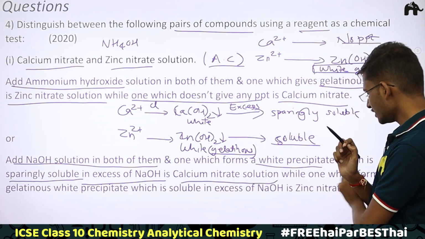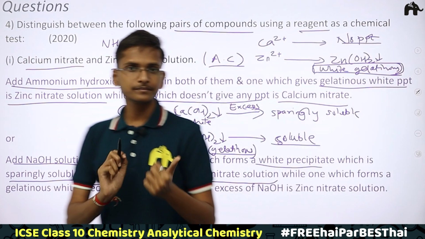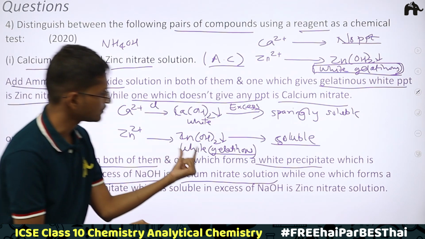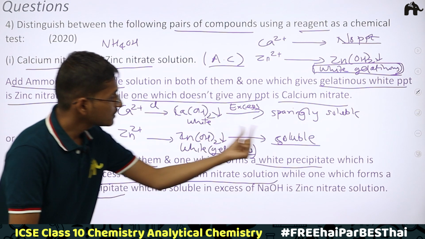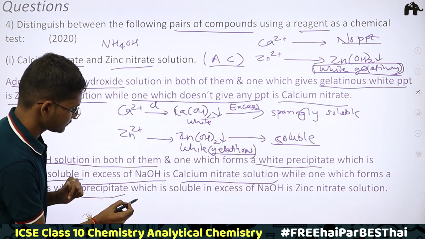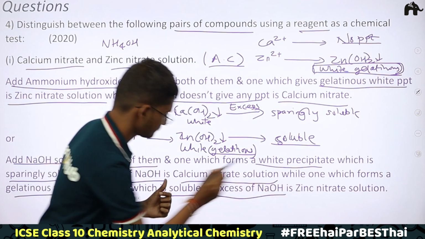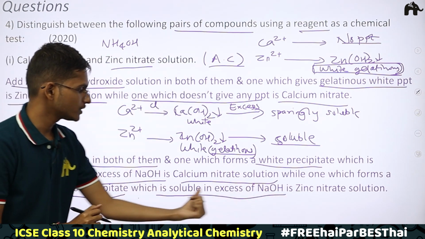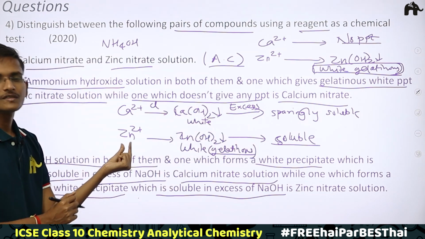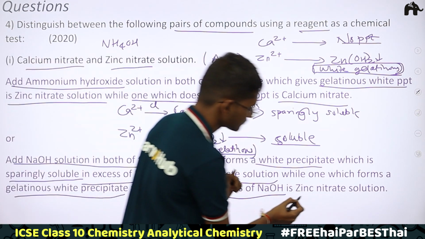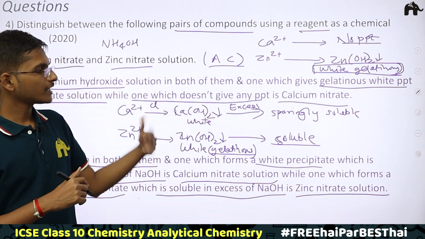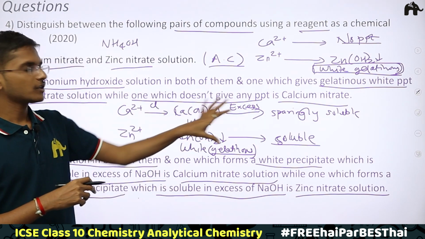And the one which forms gelatinous white precipitate, see, gelatinous white precipitate, which is soluble in excess of NaOH, is of zinc nitrate solution. Simple. So you have to just write the same thing which you have figured out.